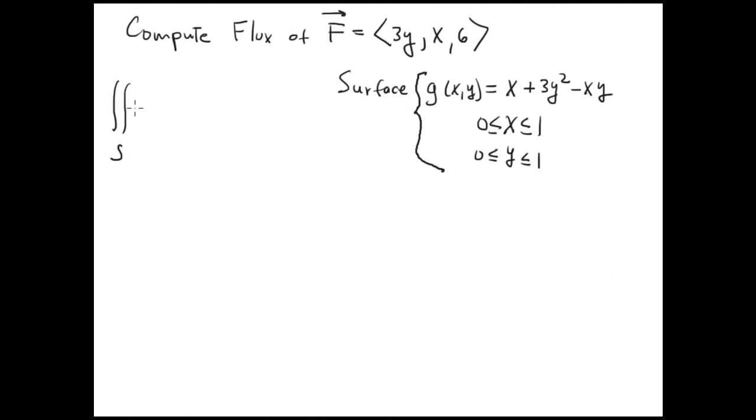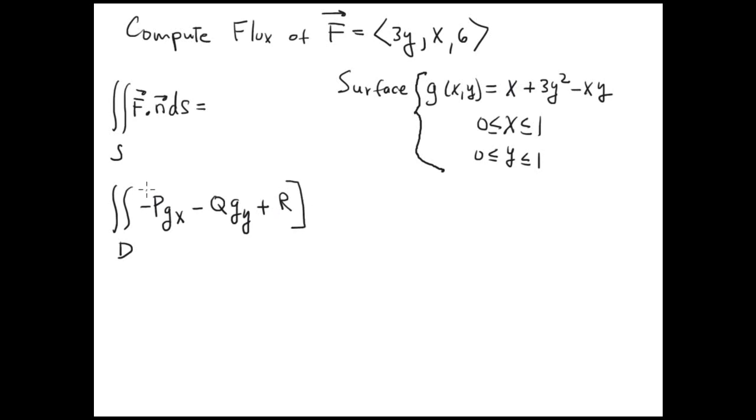The flux on the surface S of the vector field dot unit normal vector dS is equal to the double integral in the region D of the formula, minus P gx minus Q gy plus R, dx dy or dy dx, dA in general.